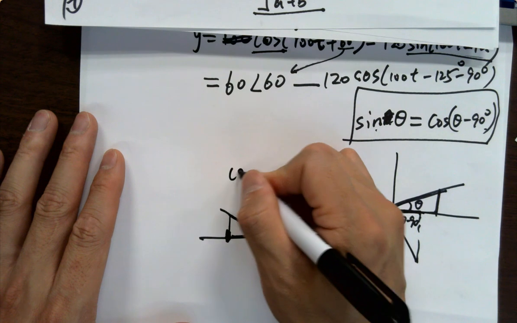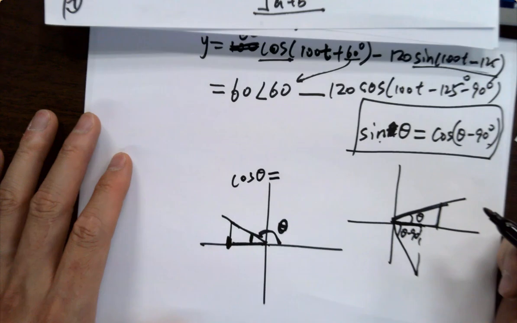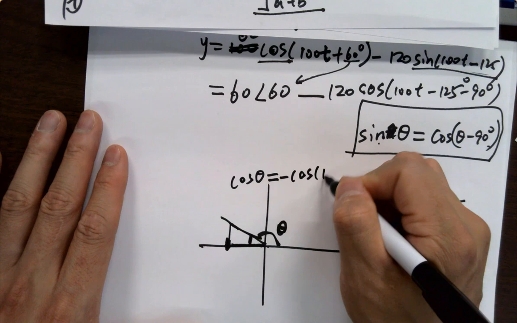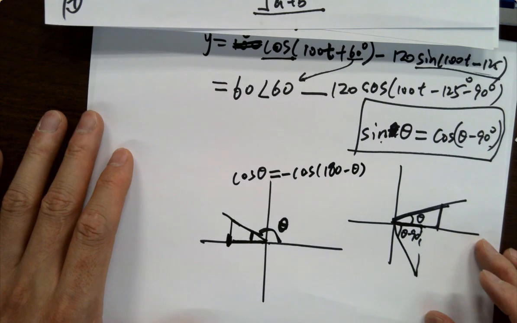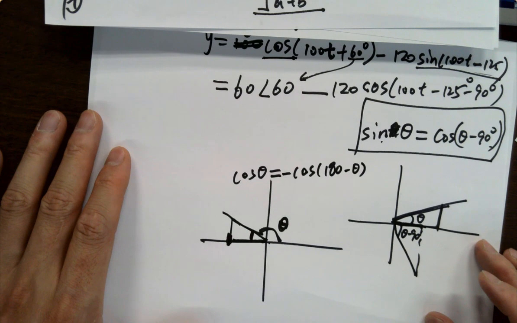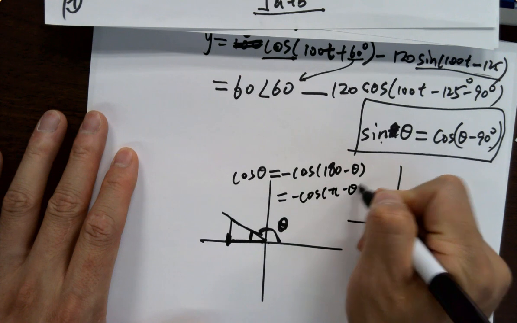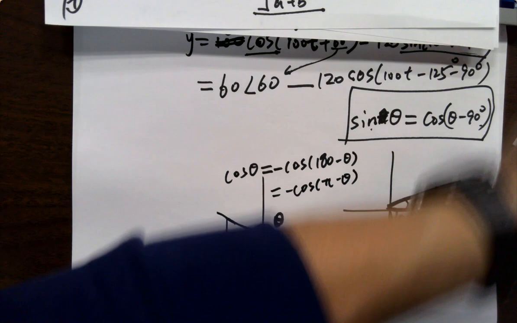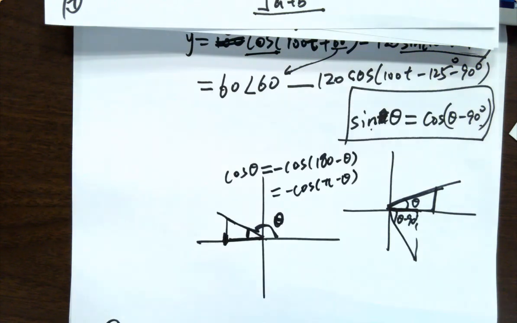So cosine theta like this equals what? Negative cosine of what? 180 minus theta. Yes. Pi minus theta as well. Okay? So this solves a lot of problems here and here. Oh, impedance. We'll talk about that as well.